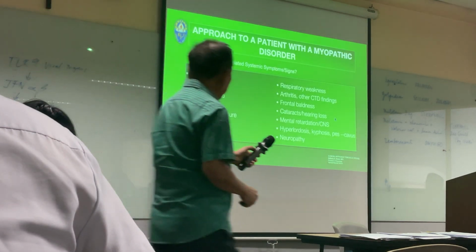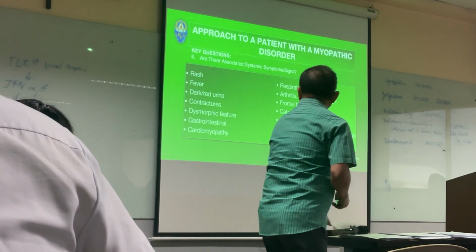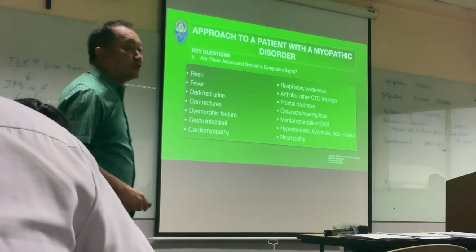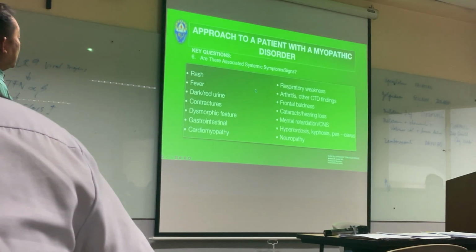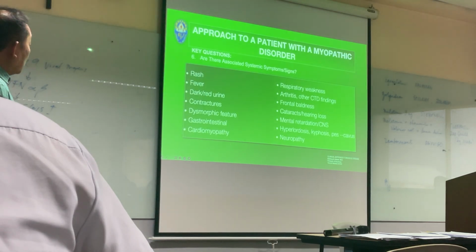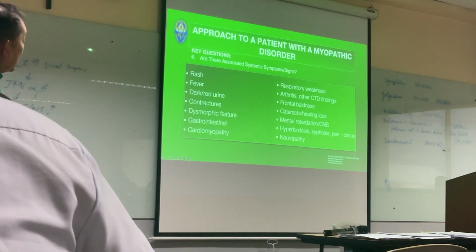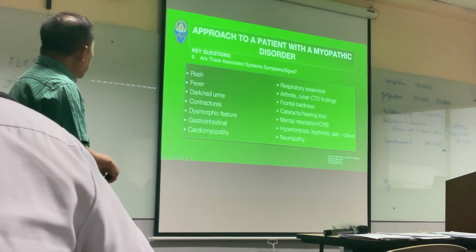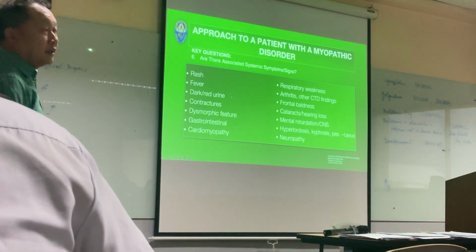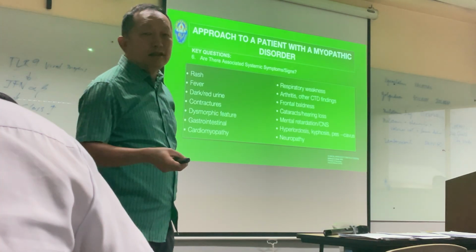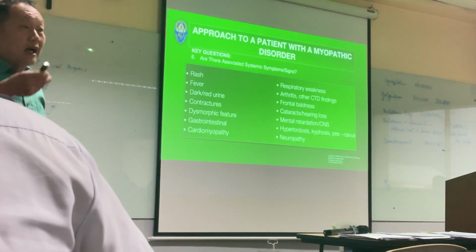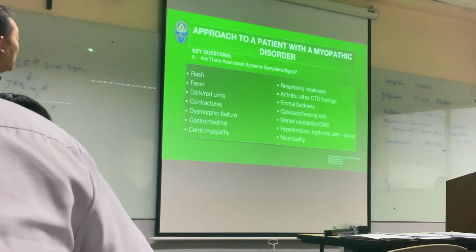So, back. What are the associated signs or symptoms? Rash, fever, all these signs and symptoms will more or less give you an idea. First, dark urine demonstrates myoglobinuria. What does it mean? There is an active deterioration of muscle.